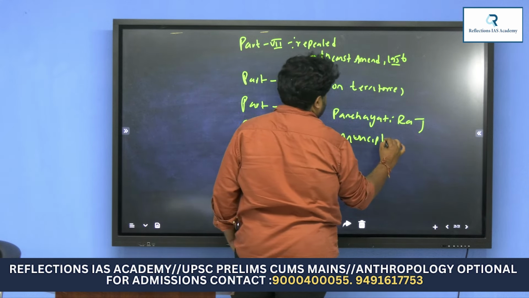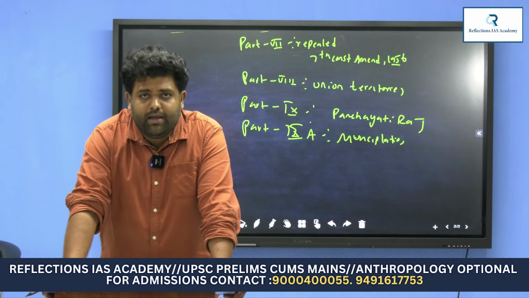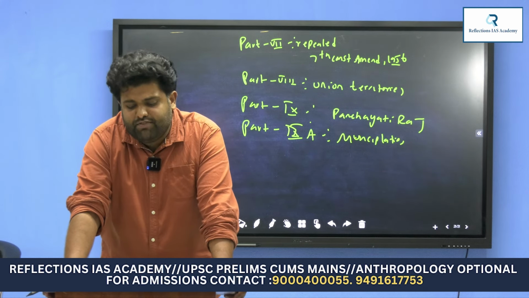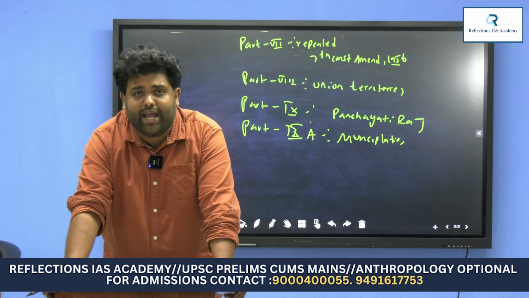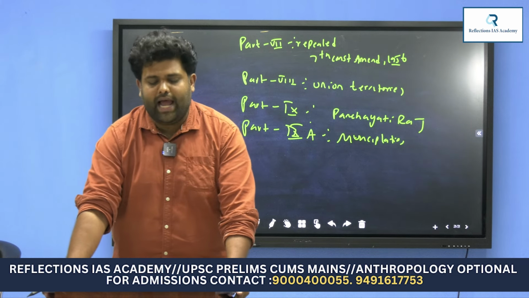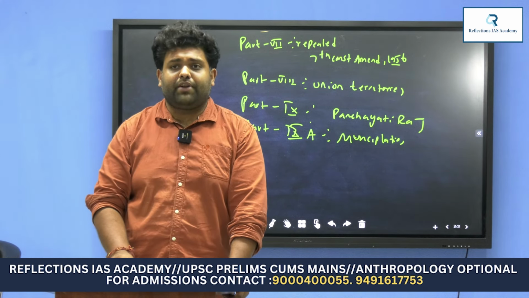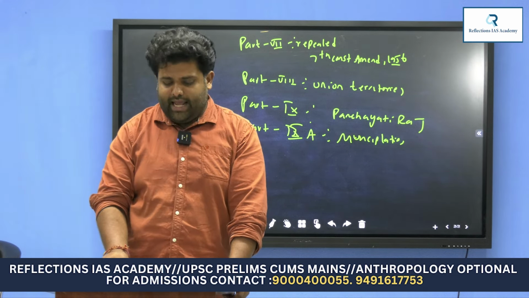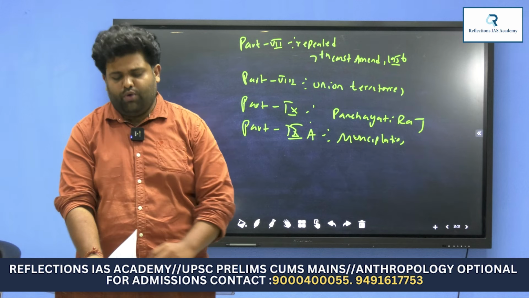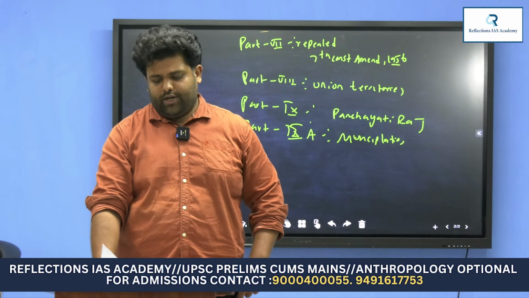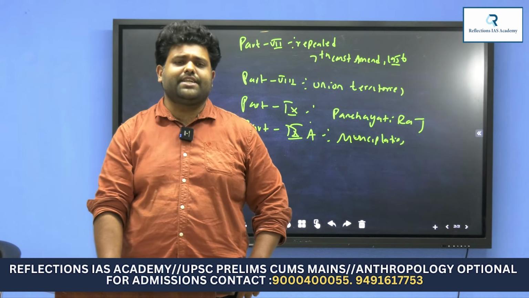Part 9B talks about cooperative societies. Part 10, which is comprising Article 244 to 244A, talks about scheduled and tribal areas. And Part 11, which is from Article 245 to Article 263, talks about relation between union and states.